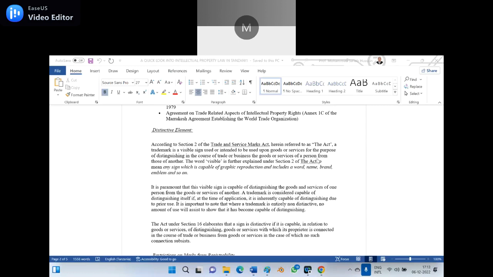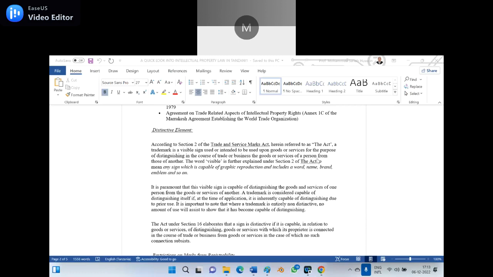So if you analyze section 2, a trademark is a visible sign, a sign and a symbol, either used or intended to be used upon goods or services for the purpose of distinguishing the goods or services of a person from those of another.